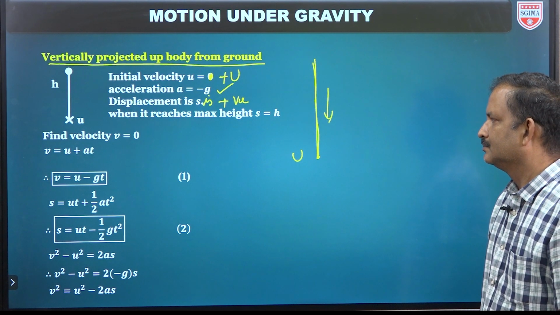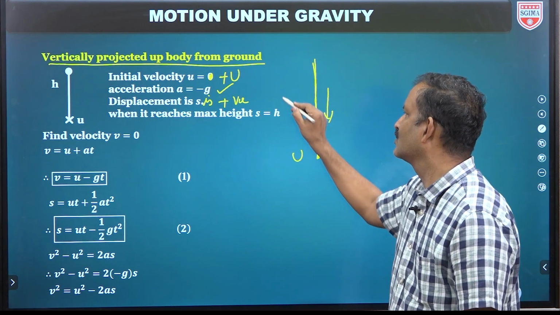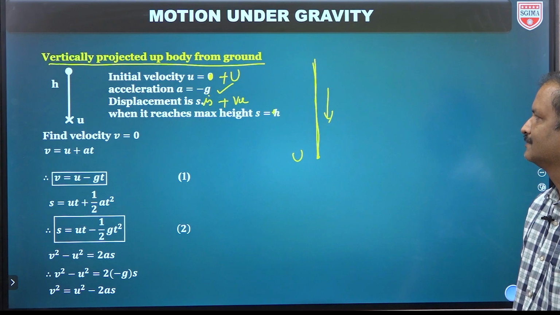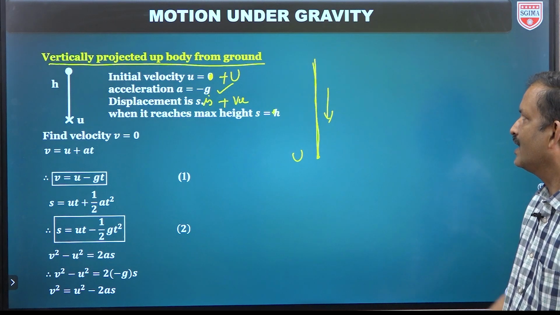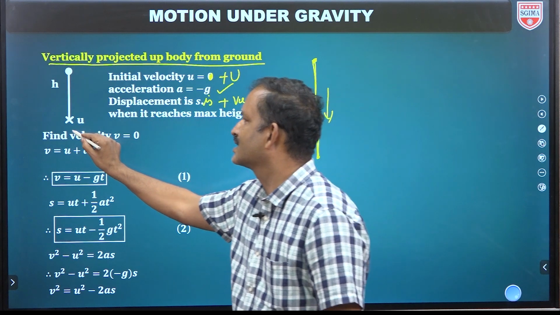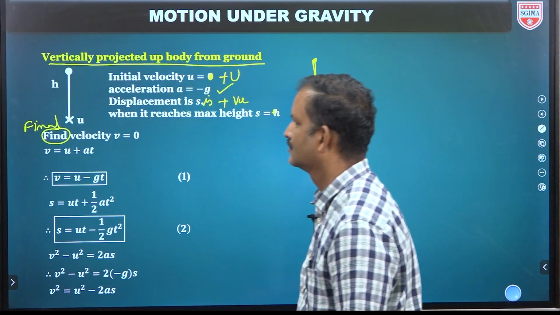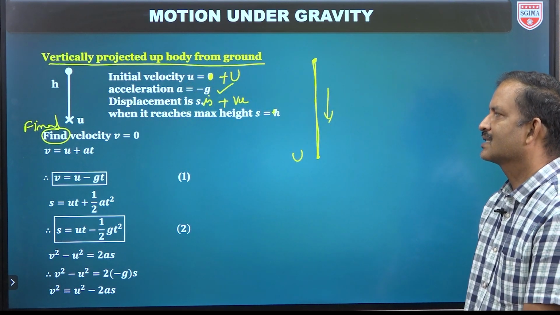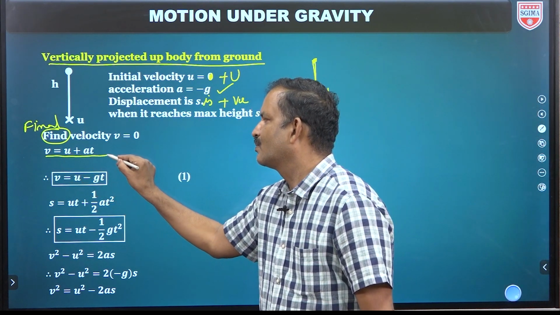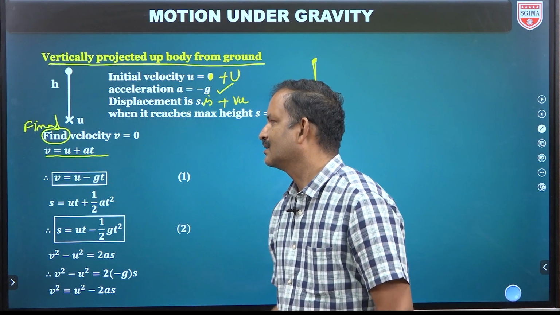When it reaches maximum height, displacement S is equal to plus h. When it reaches maximum height, velocity becomes 0. Final velocity is 0. So, first equation, v is equal to u plus at, v equal to u minus gt.